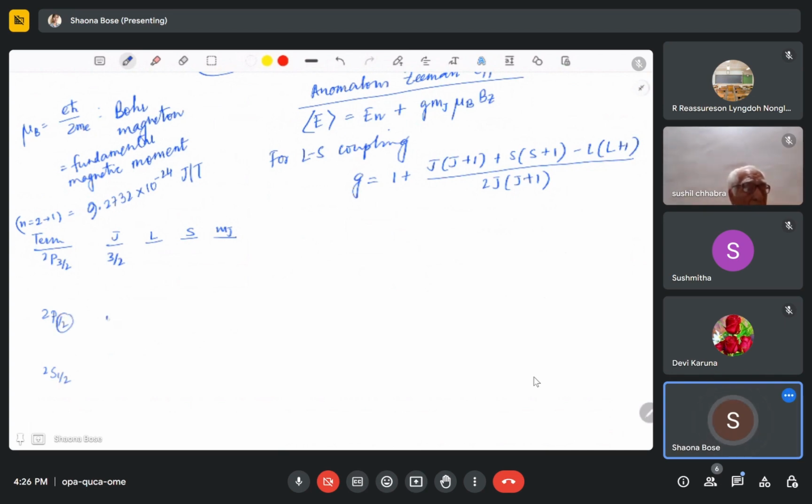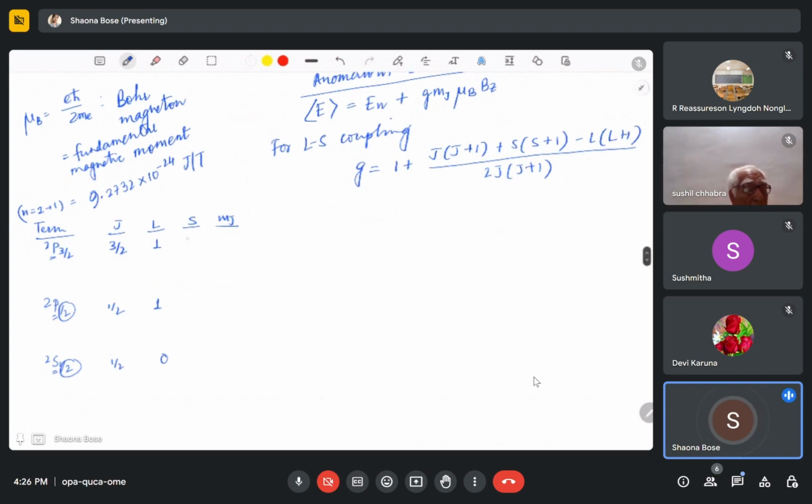So you can clearly see J is 3/2 here, here J is 1/2, and here it's 1/2 again. L is 1, here L is again 1, and here L is 0. S, of course, we are talking about single electrons, so just 1/2, 1/2, 1/2.